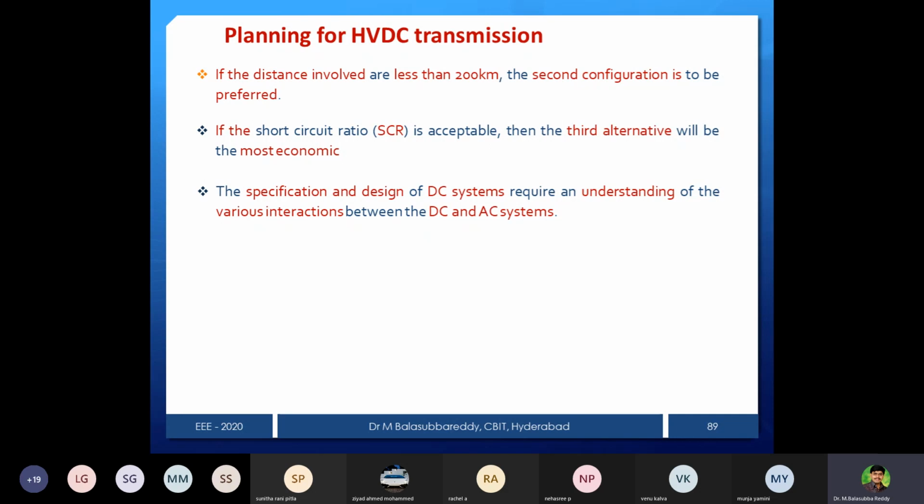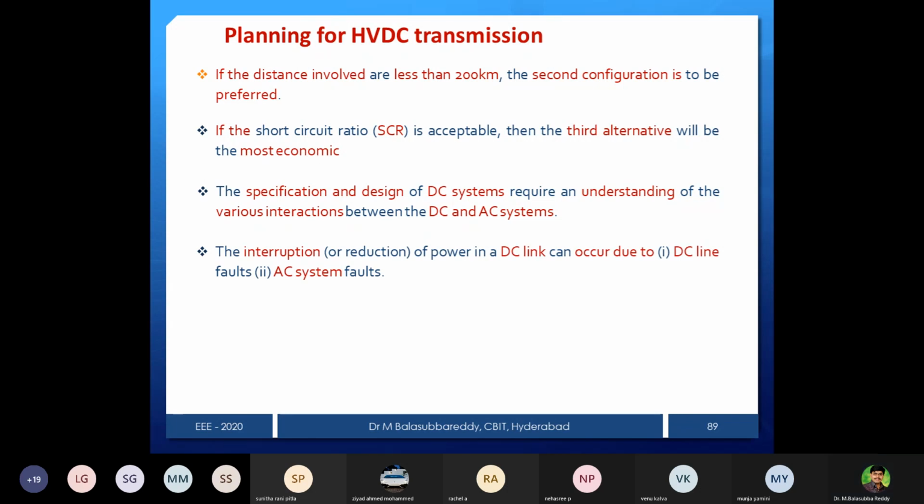Specification and design of a DC system requires an understanding of the various interactions between the DC and AC systems. So there is a specific design requirement, understanding the various interconnections between AC and DC systems. Some of the specifications are required to design this interconnection system.